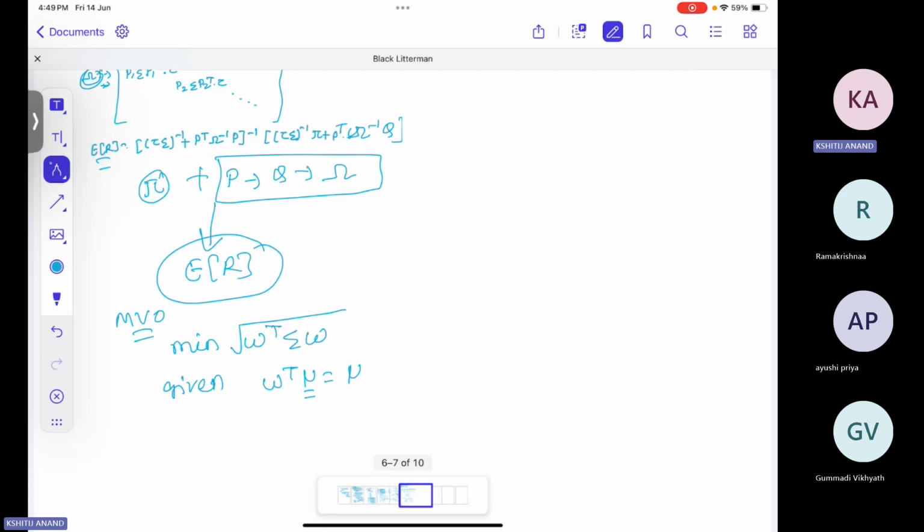So this is the expected return of the portfolio. This is a return matrix, the expected returns of your different assets in the portfolio. For example, you have 4 assets, you can express the historical return of the 4 assets, right? And you can feed it into MPO.